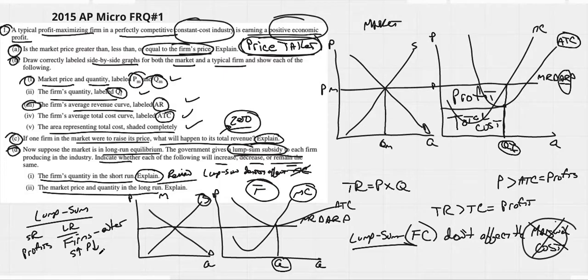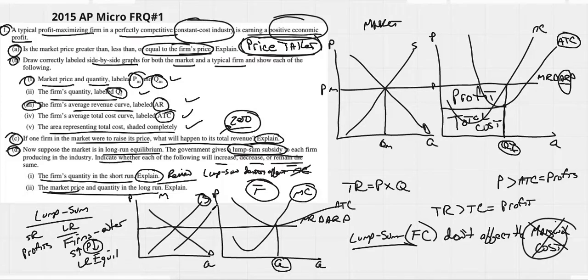The price would be driven down, and then we'd go back to some kind of long-run equilibrium. But in the long run, we could see that the market price would decrease. The price would go down, and the quantity in the long run would be more.